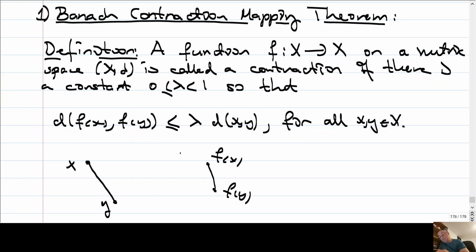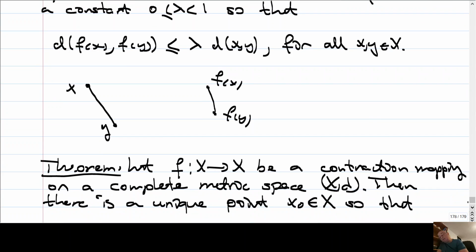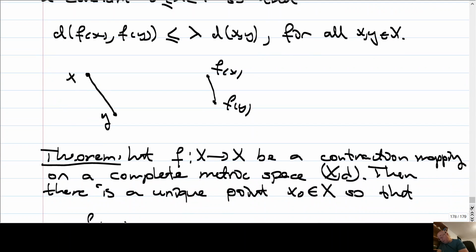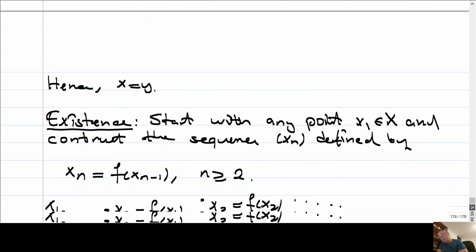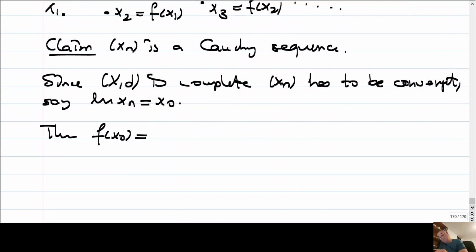So you see that a contraction mapping is continuous.